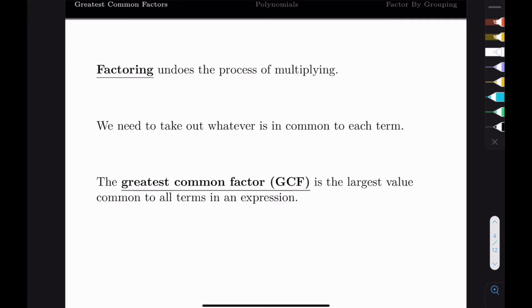What we typically want to do, or the simplest case we have, is to take out what's in common to each term. And that thing that's in common is going to be known as our greatest common factor.